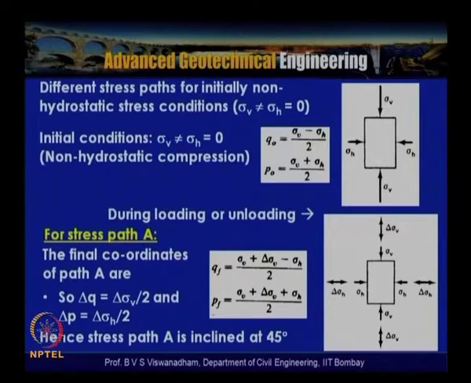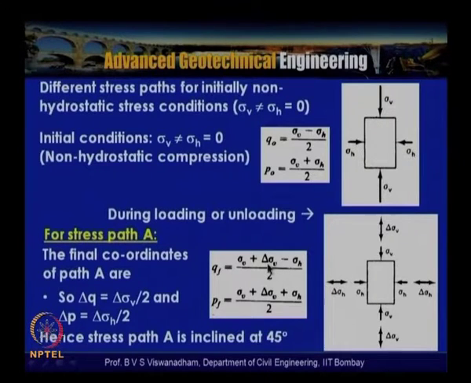Now we are required to develop a stress path for axial compression where initially the sample is in non-hydrostatic compression. That means sigma V is not equal to sigma H. So the final coordinates of the stress path A are: QF is equal to (sigma V plus delta sigma V minus sigma H) by 2.